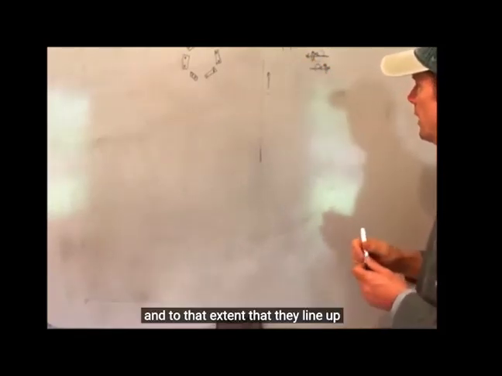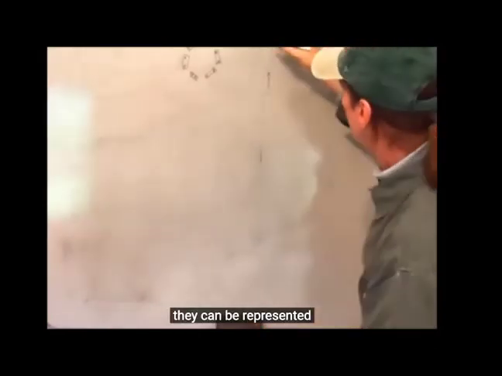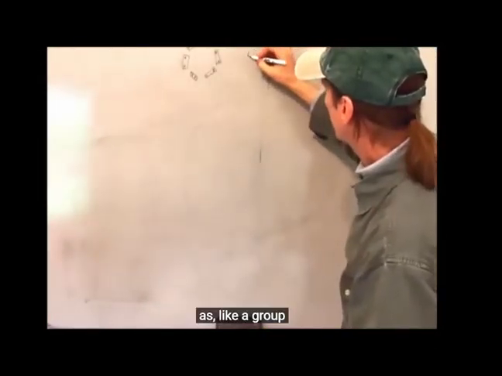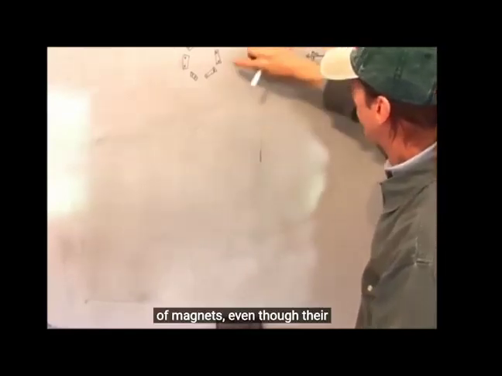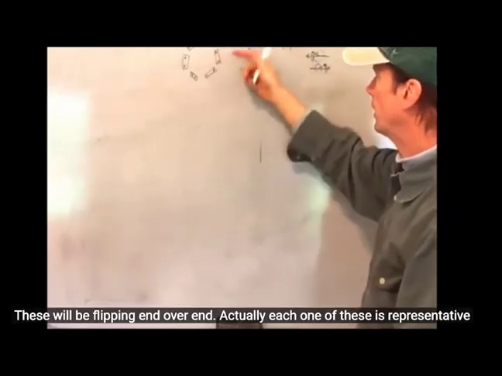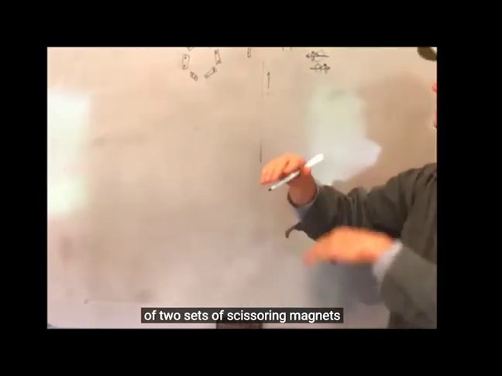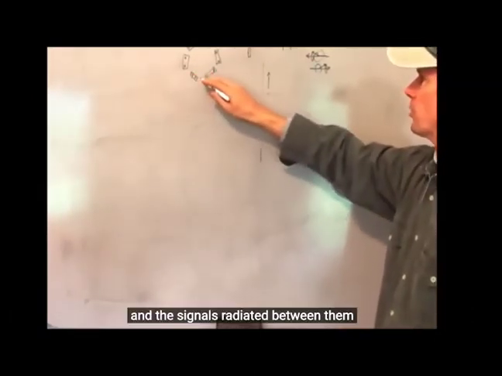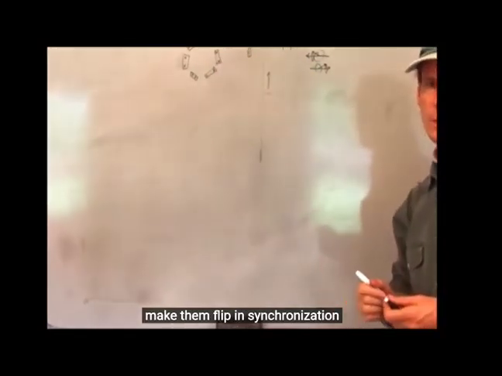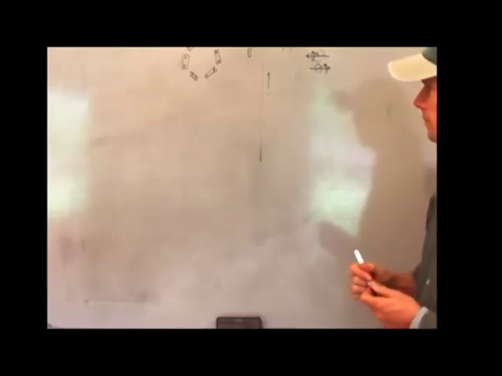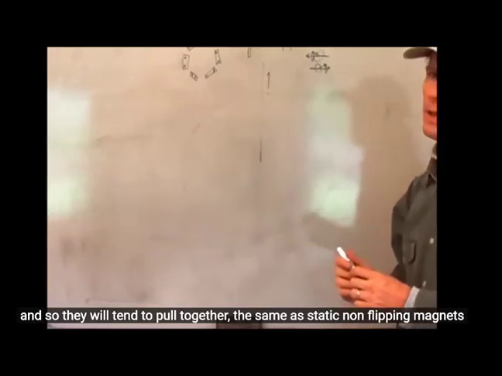And to the extent that they line up that way, they can be represented as like a group of magnets, even though these will be flipping end over end. Actually, each one of these is representative of two sets of scissoring magnets, and the signals radiated between them make them flip in synchronization, and so they'll tend to pull together the same as static non-flipping magnets.